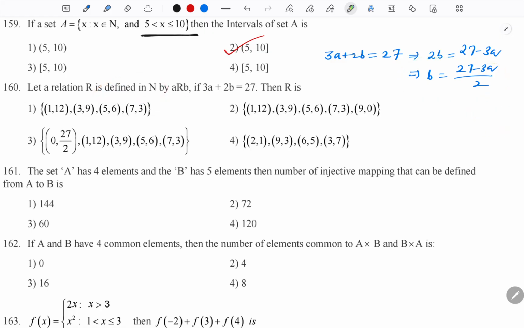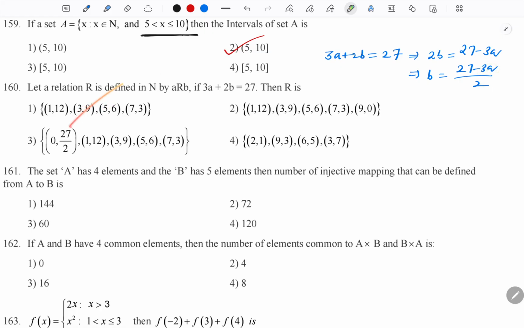First of all, clear? Okay, first one, say 1 comma 12. If I take a is 1, then how much will come? 27 minus 3 times 1 is 3, so 27 minus 3 is 24, so it will come 12. Yes, it is possible. Next, if I take a equal to 3, then 3 times 3 is 9, 27 minus 9 is 18, by 2 it means 9, right? Yes, perfect.